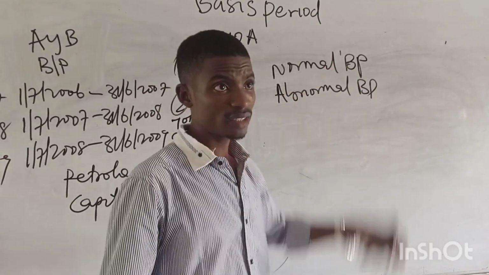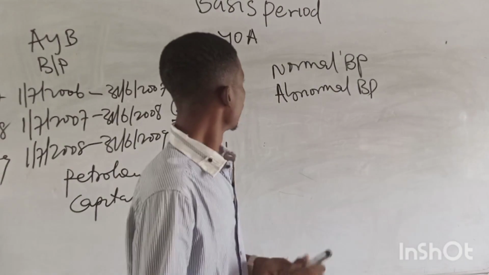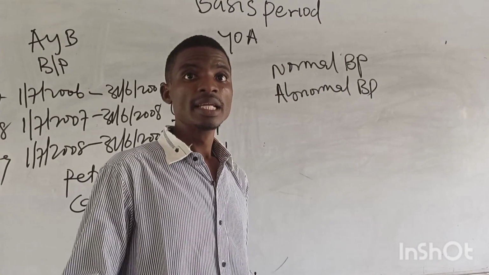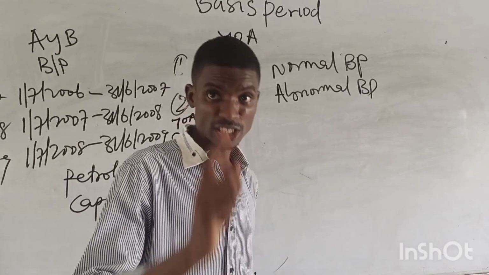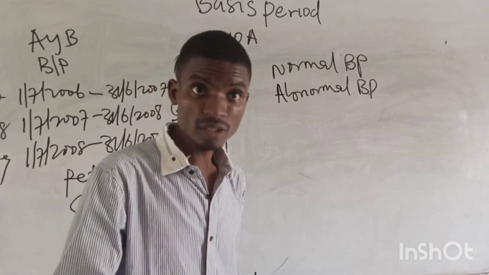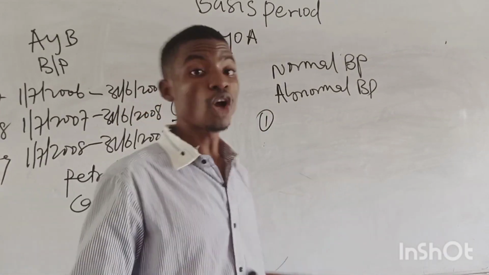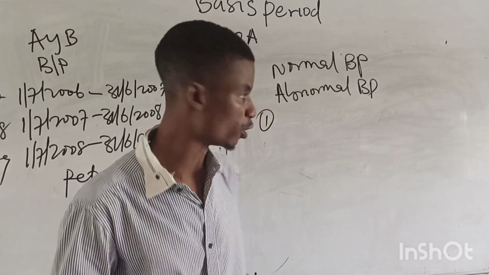Normal basis period is trying to explain that the business must be in operation, and that the basis period must not be less than or more than 12 months.